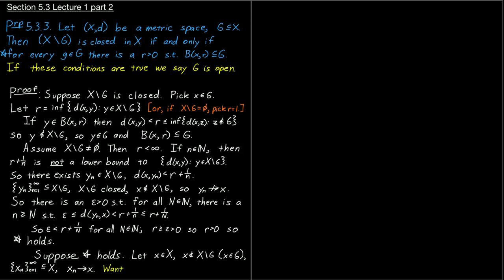We want to show that this sequence is not a subset of X minus G, because by the contrapositive, if you've got a subset of X minus G, then it can't be converging to this point in G, and therefore if it converges at all, it has to converge to something in X minus G.